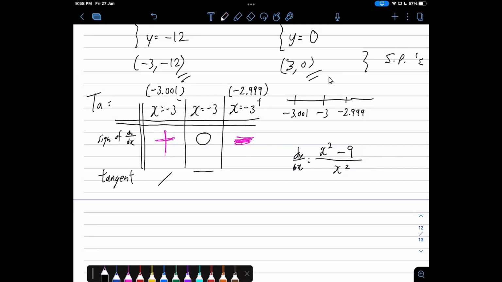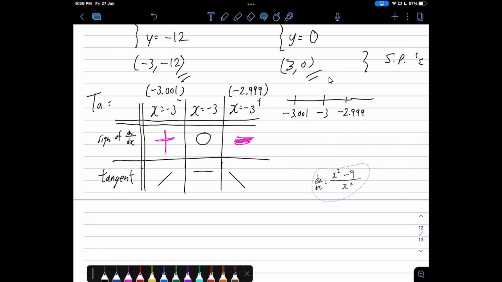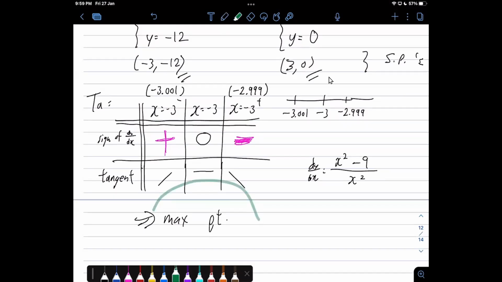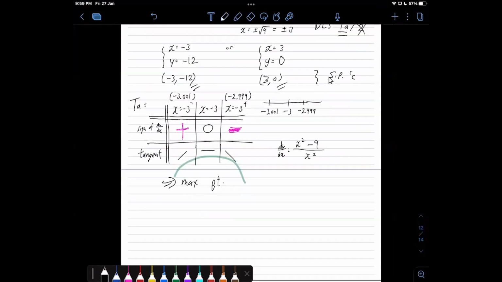Tangent: positive, 0, negative, right? I'll draw another line, make the table look nice. Then the conclusion is, what point? Maximum point, very good. Like this. You don't need to draw the curve, but you can if you want to. Doesn't matter. That is for one point.